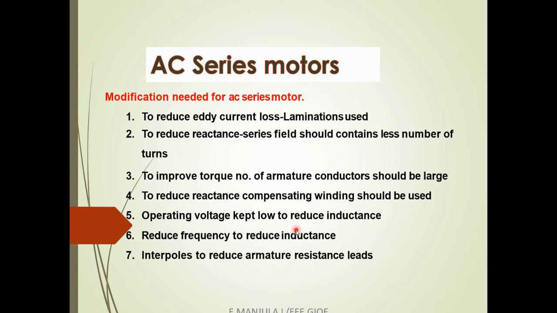So what do we have to do for an AC series motor? Modifications needed: to reduce eddy current loss, laminations must be used; to reduce reactance, the series field should contain fewer turns; to improve torque, the number of armature conductors should be large; compensating winding should be used; operating voltage kept low for reduced inductance; reduce frequency to reduce inductance; and interpoles to reduce armature resistance.